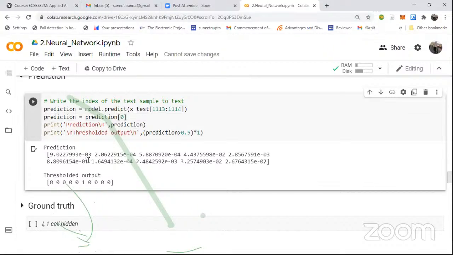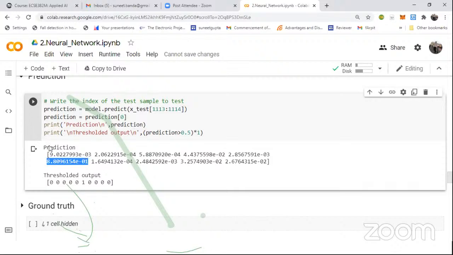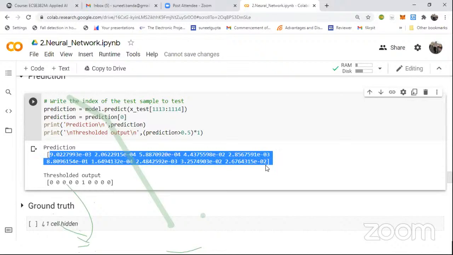So here just you can see what it means. 88% probability is there. Whatever sample you have passed in the model for the prediction purpose, that belongs to class 5. It is the meaning from this cell. Okay, and always remember, if you sum up all these values, that is equal to 1.